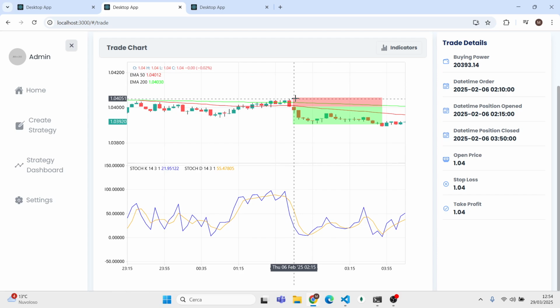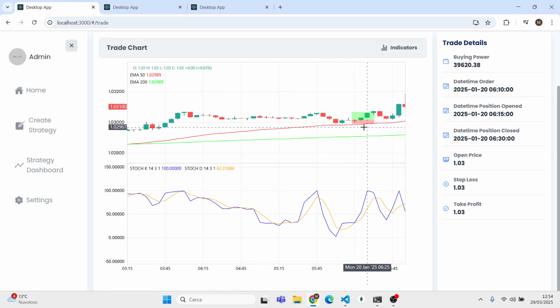I think that even using the default last swing high or last swing low, the performance of this strategy would not have been different. And let's see also on this one, because I didn't mention that, as you can see, it was on the last swing low, almost on the EMA 50. Okay, I think I have shown you all the trades of this strategy.